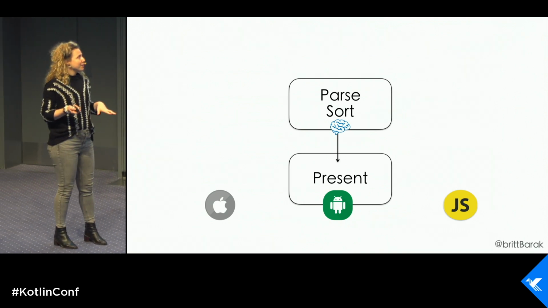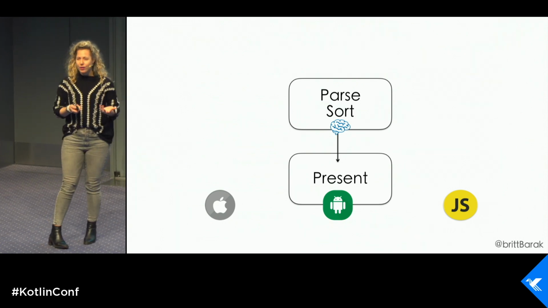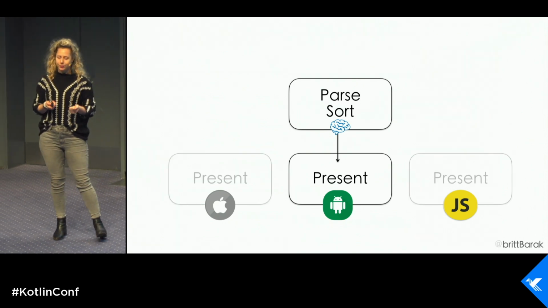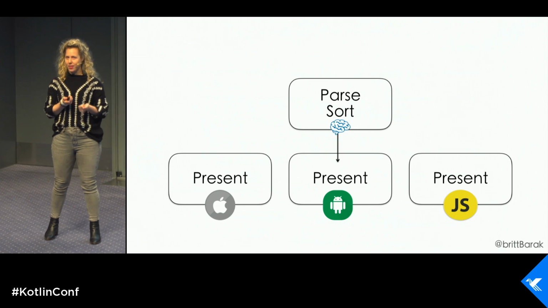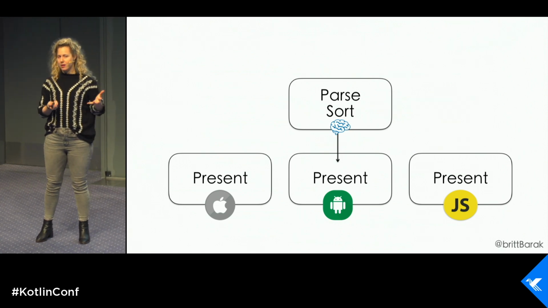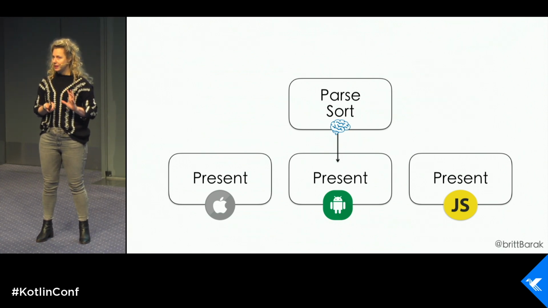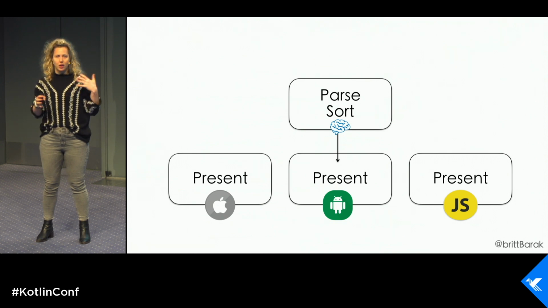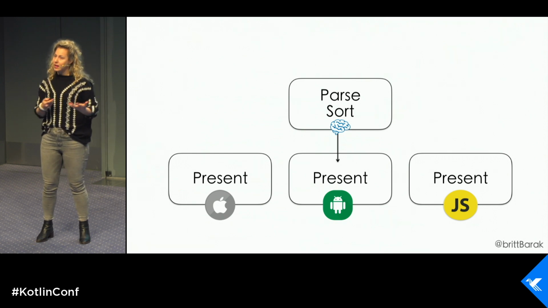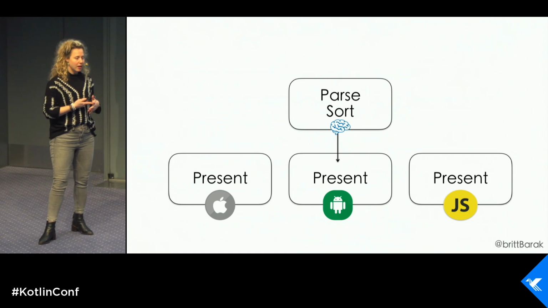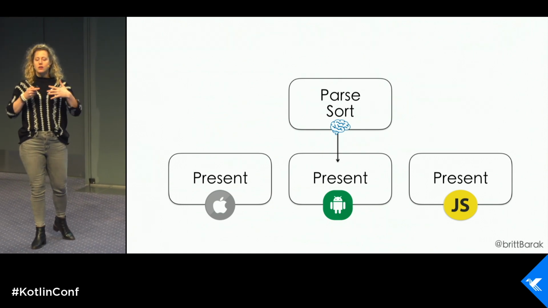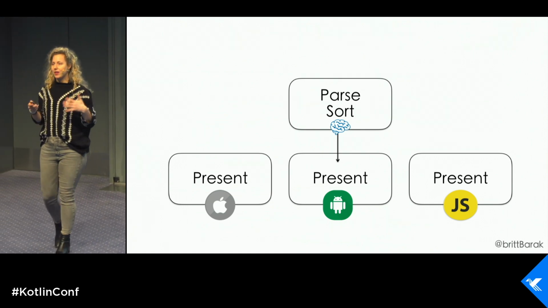And if we would start to write those applications, we would probably do something that is kind of the same, right? The presentation would be different because the browser is different from how the iOS app works and presents the views and so on. So the presentation would be specific and different.